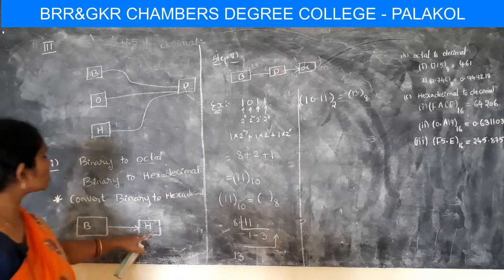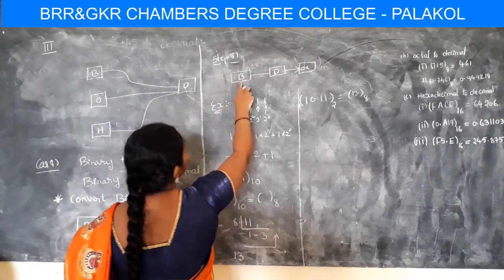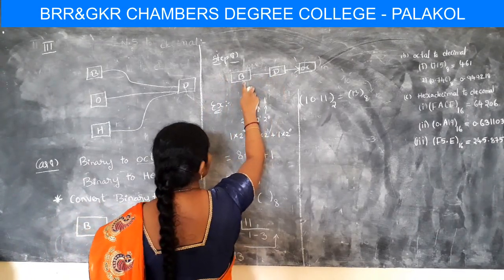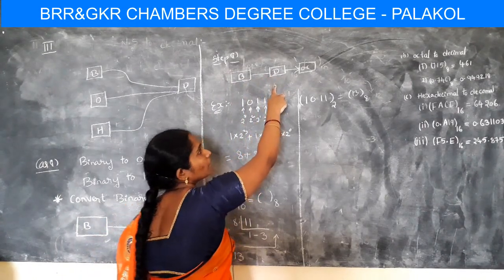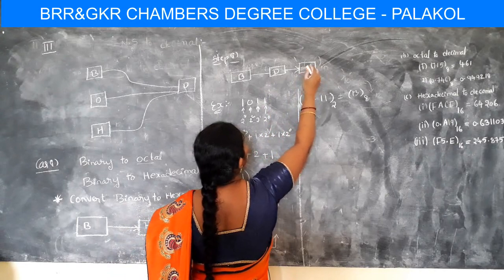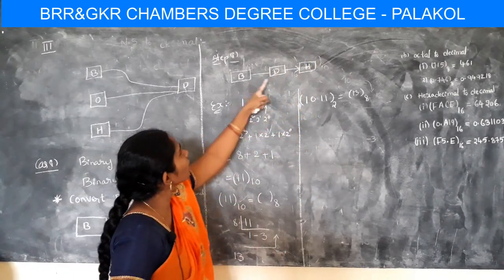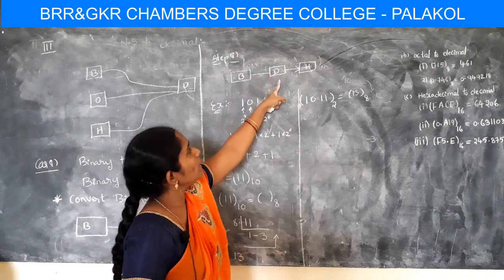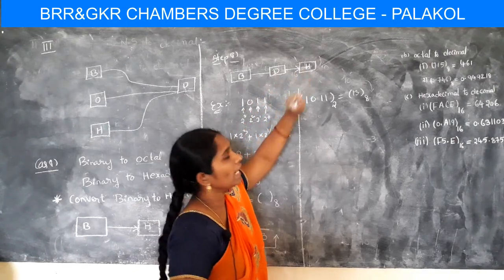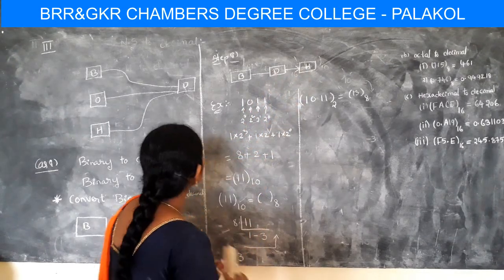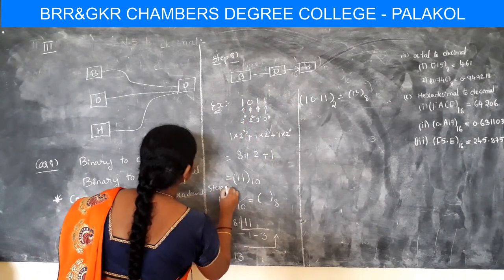Same process here. Step number 1 is we have to convert the given binary number to a decimal number. After this the decimal number is converted into a hexadecimal number. Step number 1 is binary to decimal, and step number 2 is decimal to hexa.